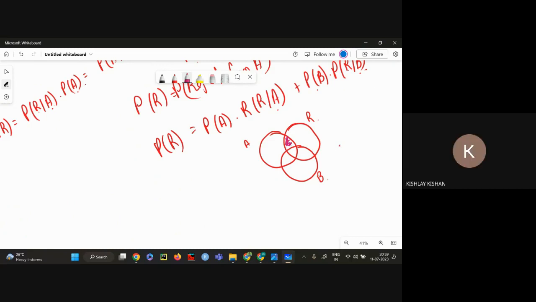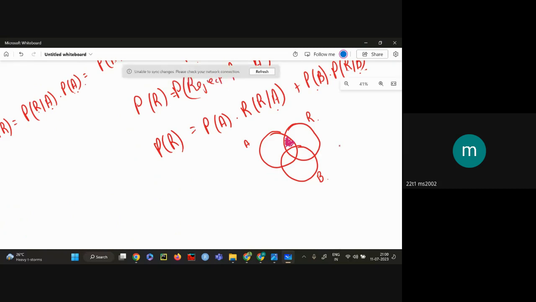Given the area of A, it acts like a conditional probability. I'll put it on discourse. You can put it on discourse. But what I'm trying to say is, if I shade this region as R given A or A given R, this is basically an intersection.